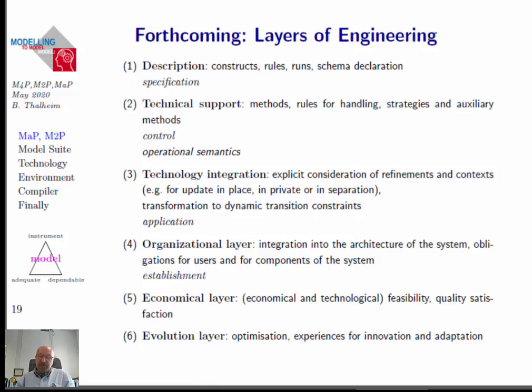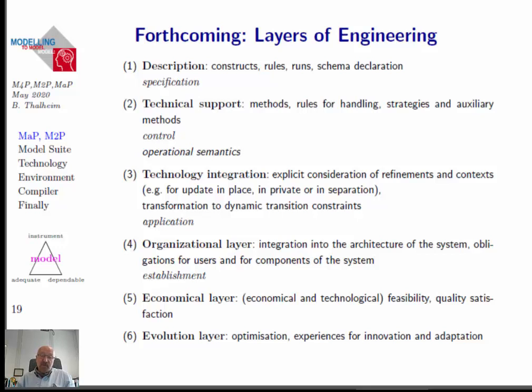Engineering could be done like we do in classical engineering. You have a description. That is what is currently done by programming. You have additionally a technical support that is done by tooling, by frameworks, by environments, by compilers. You have also some kind of technology integration that could be done in future, and modeling as programming must do it somehow. We have an organizational layer, integration in the architecture of the entire system.